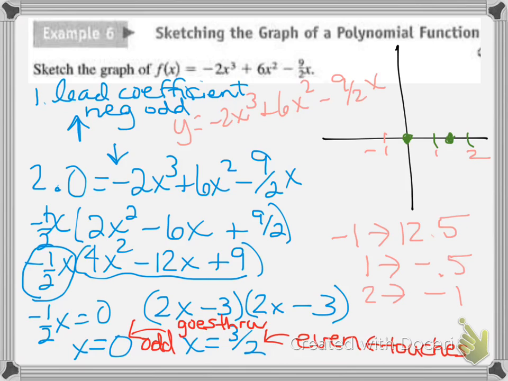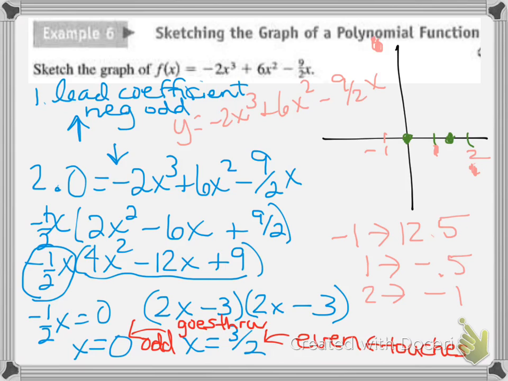So this is what we have at negative 1. At negative 1, it's way up here. At 1, it's at negative 1/2. And at 2, it's at negative 1.